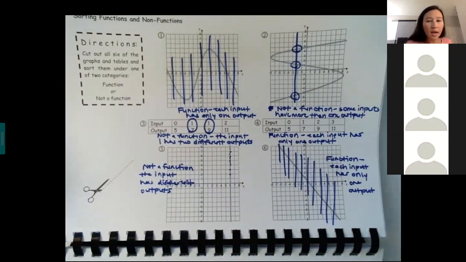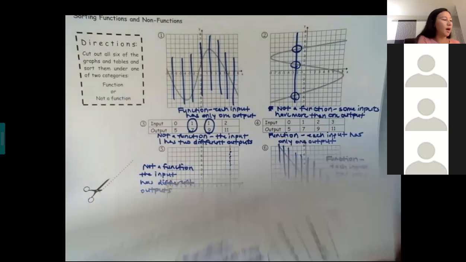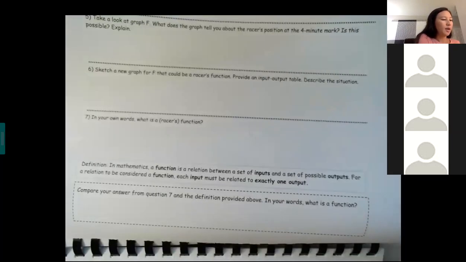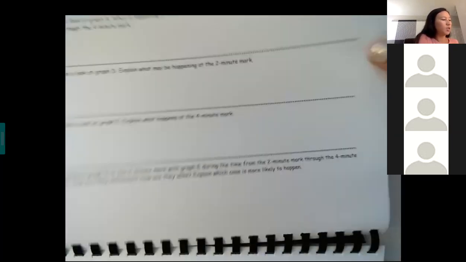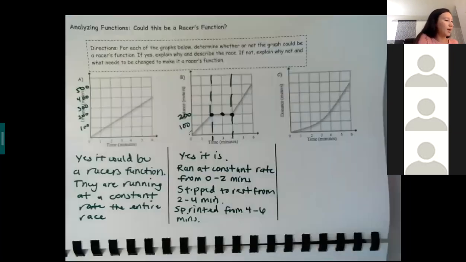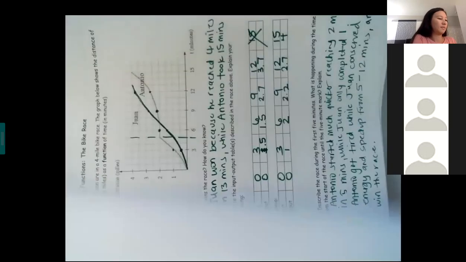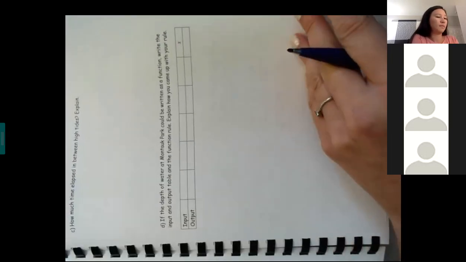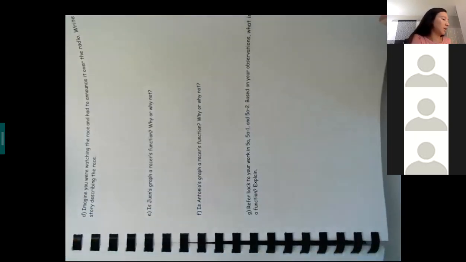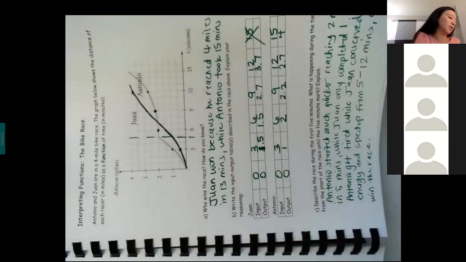Okay, and then let's do some of the applying the functions to racers functions. So let's go back. Well, you know what? I'm going to have to print. We're going to do some interpreting functions.